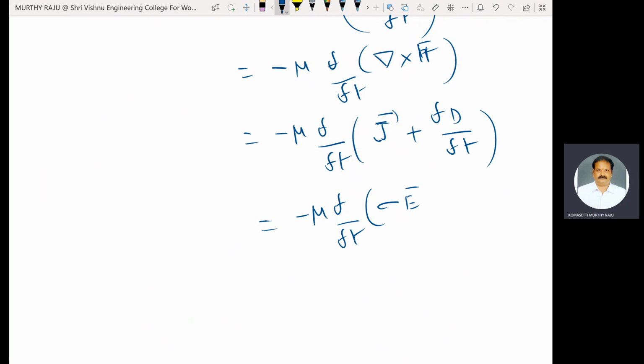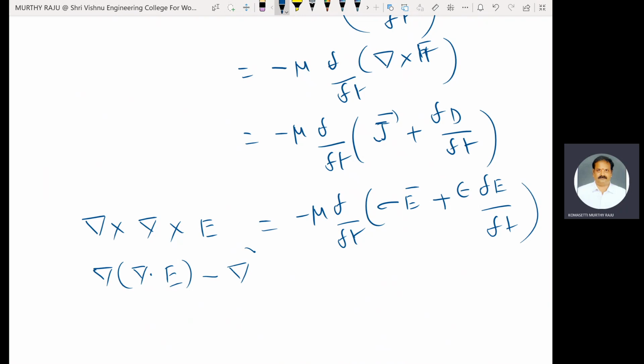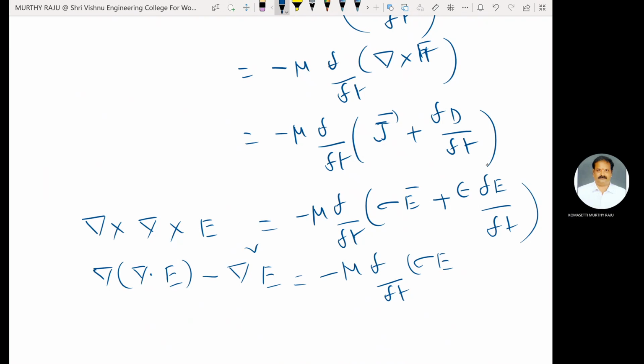J is sigma E bar, but D is equal to epsilon E. So del cross del cross E, using the identity, del del dot E minus del square E is equal to minus mu dou by dou t of sigma E plus epsilon dou E by dou t.